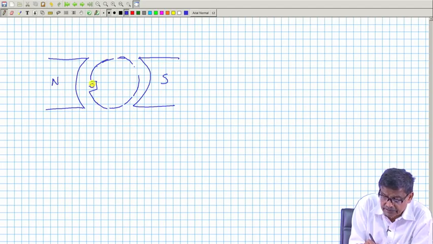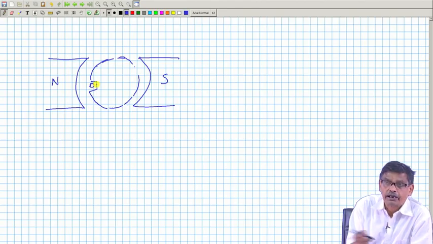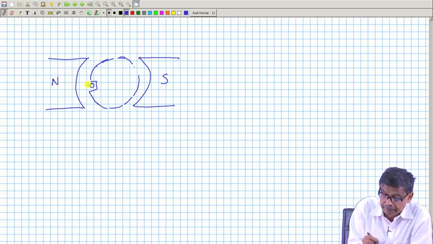And you have a coil side here which is perpendicular, and by coil side I mean it is part of a coil. Suppose this is coil side 1, what will be the induced voltage in it?